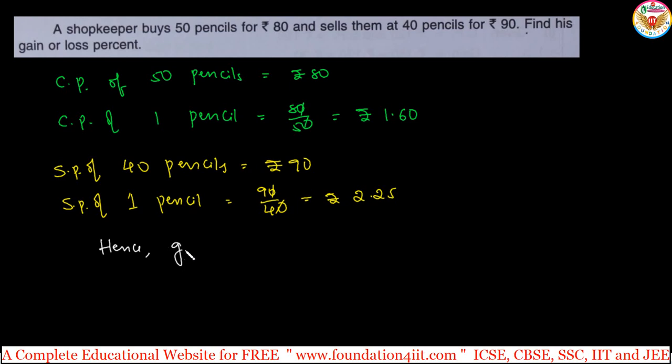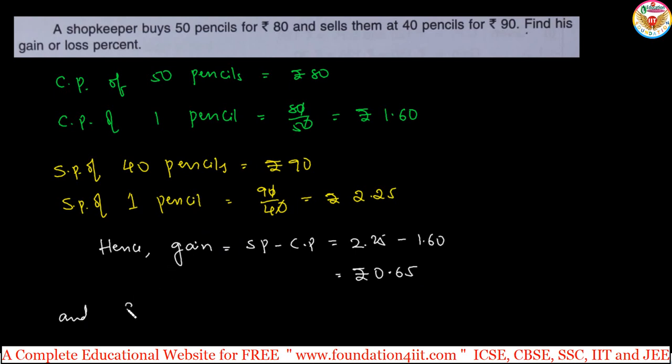Hence, gain is SP minus CP. This is also the gain for one pencil: selling price of one pencil minus cost price of one pencil. So 2.25 minus 1.60 is 0.65. This is the gain. The number of pencils is the same, so gain or loss is for one pencil.